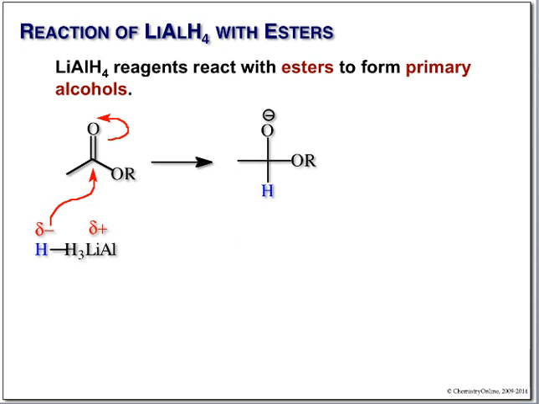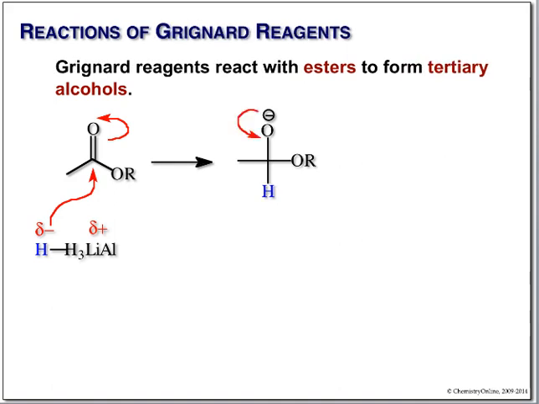A leaving group in general is something that can just grab its pair of electrons and go. If this oxyanion collapses, that is, the electrons move back down, the electrons bonding the OR group, or leaving group, can depart, and we wind up with alkoxide, and we have reformed a carbonyl.